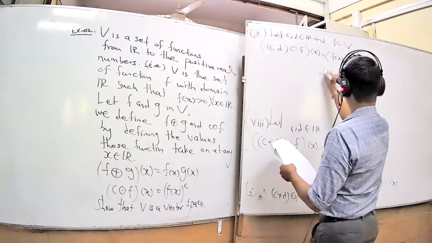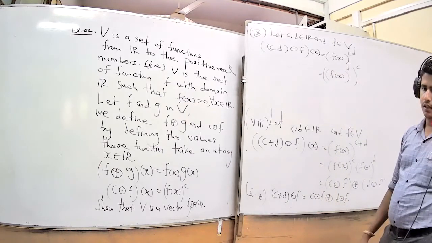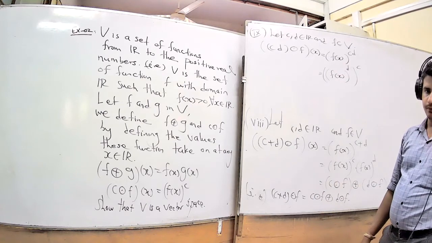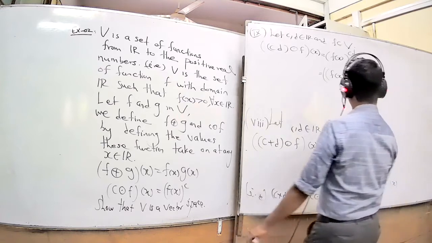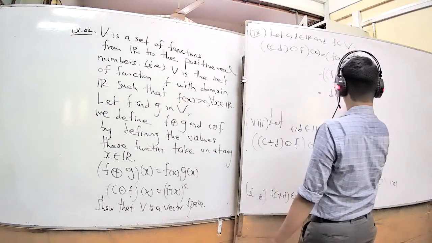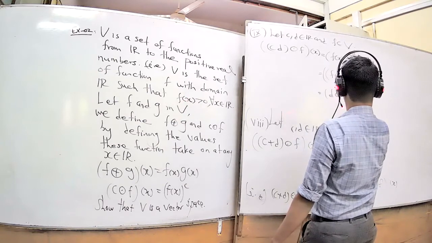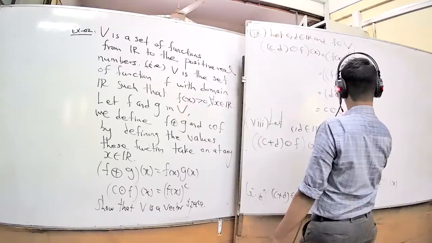No problem, because c and d are real numbers, it's commutative for scalar multiplication. This is d scalar multiplication of f, again c scalar multiplication of d scalar multiplication of f.